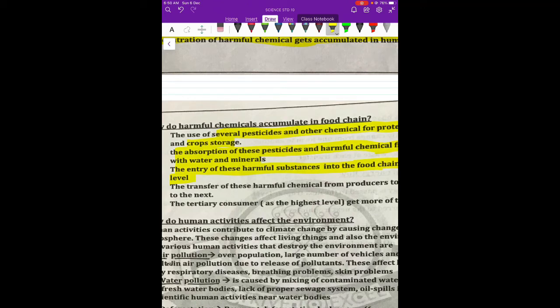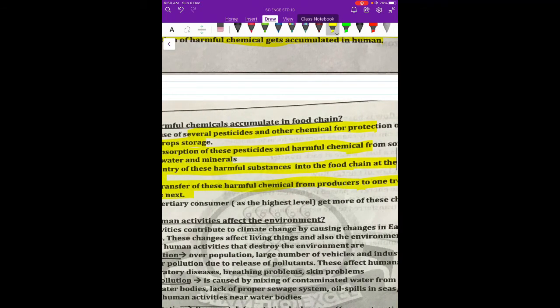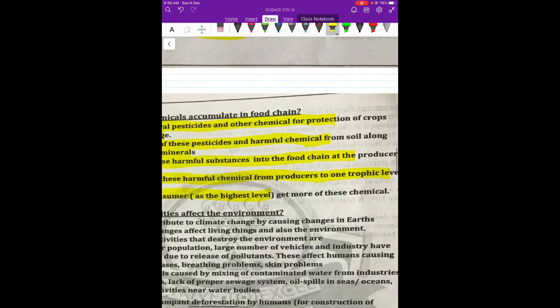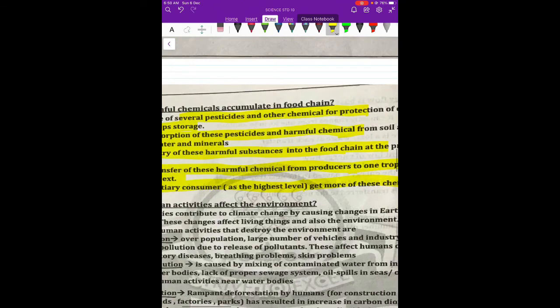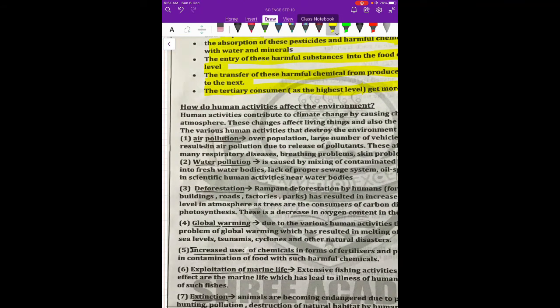So this transfer then goes on till it ultimately reaches the topmost trophic level. And this is how the tertiary consumer or the consumer at the highest level, trophic level number 4, gets the maximum of this. So this is an important issue of biological magnification.